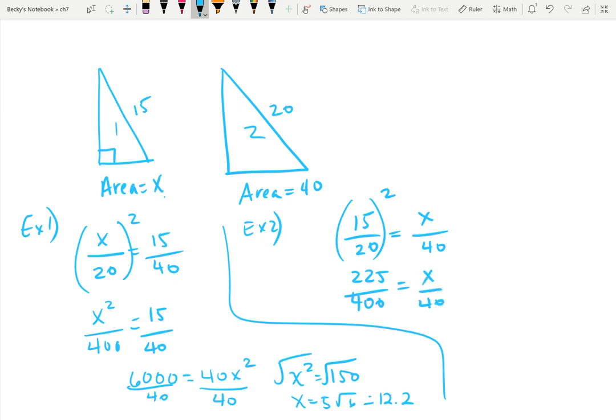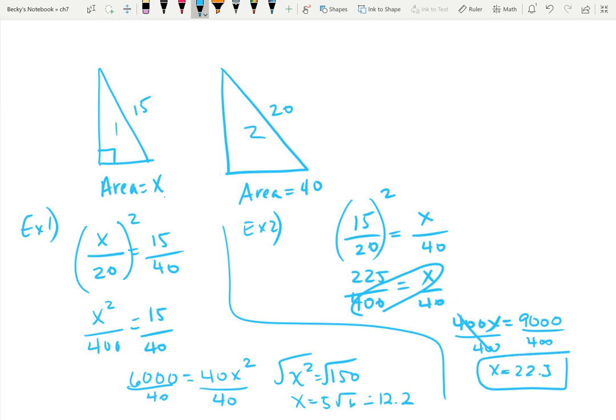Okay, and so we're going to have to cross multiply. So 400x equals 225 times 40, which is 9,000, and divide by 400. And that is 22.5.